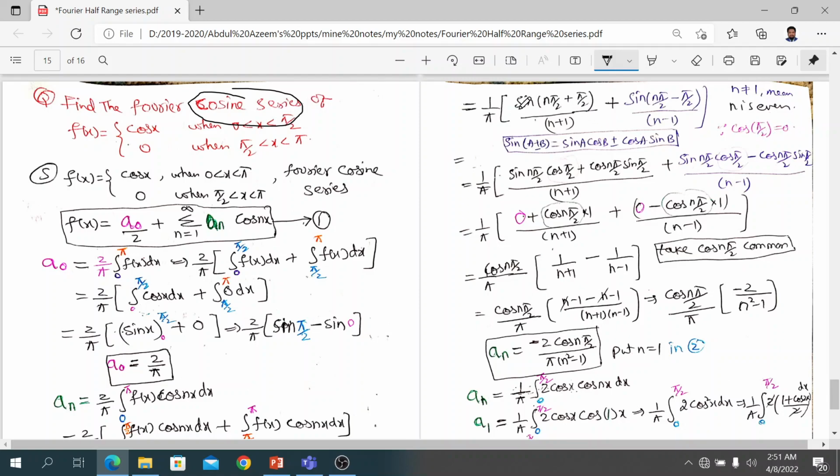Okay, so for the pi by 2 we have the formula sin(a plus or minus b) equals sin a cos b plus or minus cos a sin b.